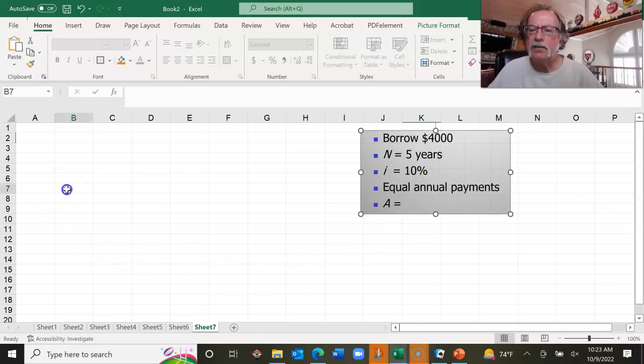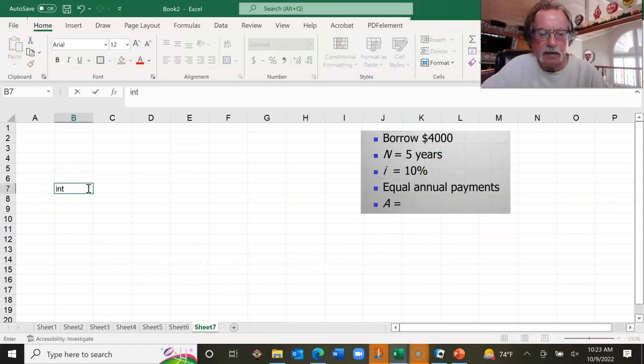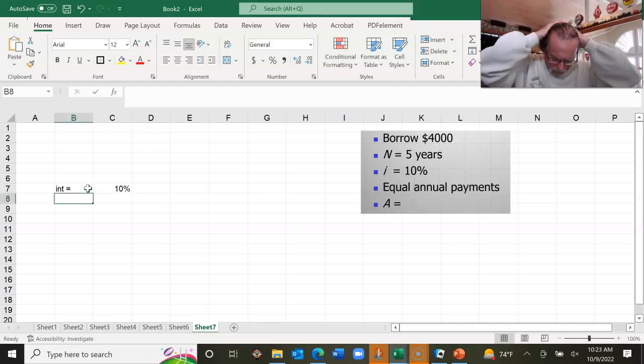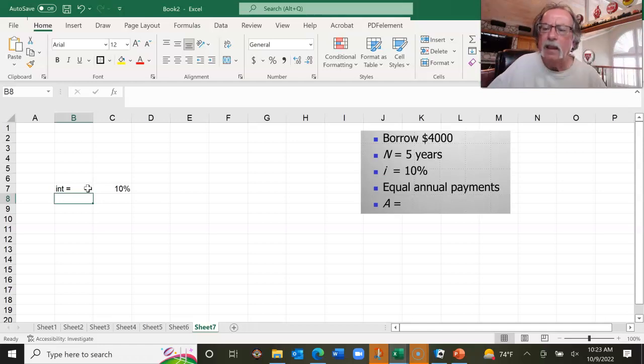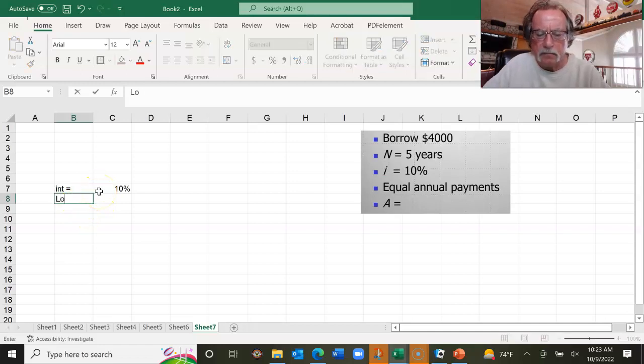So let's go with the interest rate equals 10%. And we're going to have the loan amount of $4,000.